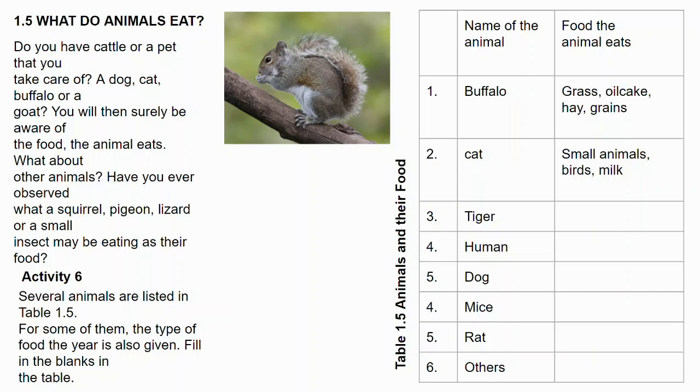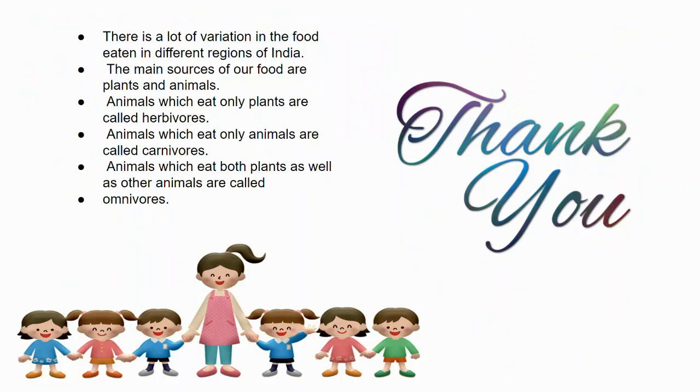Grass, oil cake, hay, grains. 2. Cat. Small animals, birds, milk. 3. Tiger. 4. Human. 5. Dog. Mice. Rat. Others. There is a lot of variation in the food eaten in different regions of India.